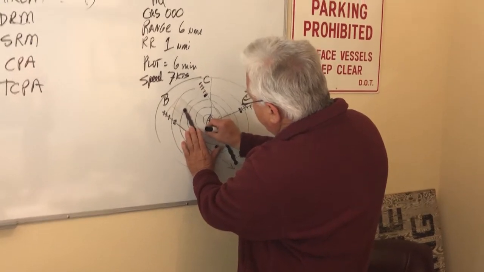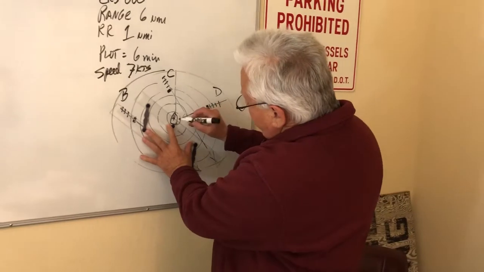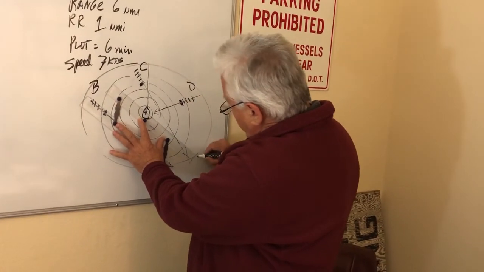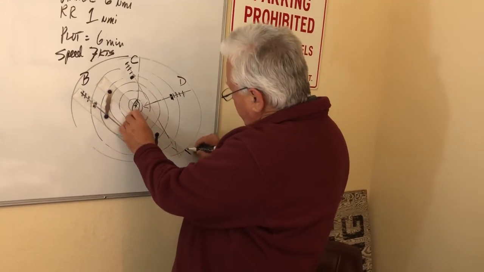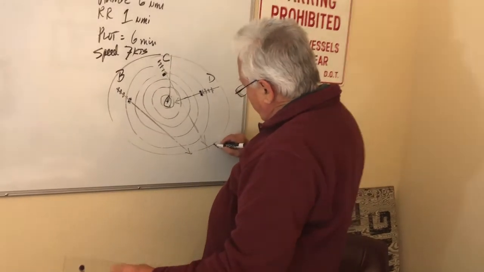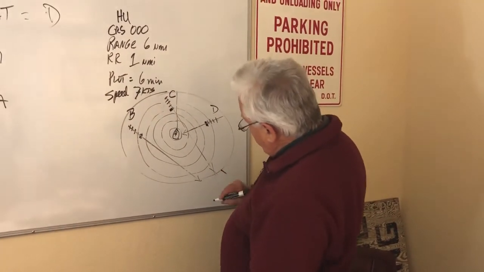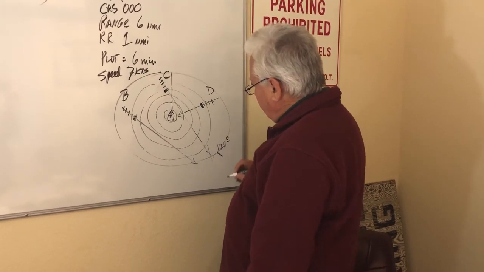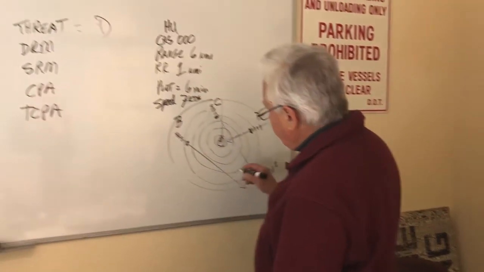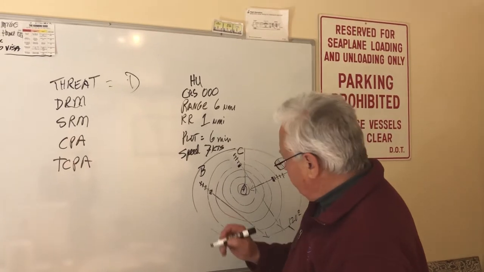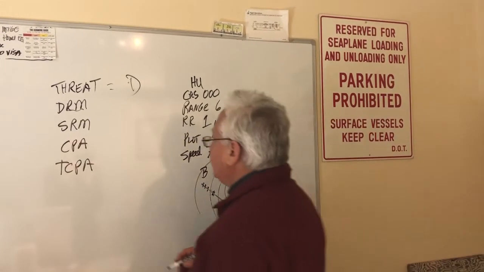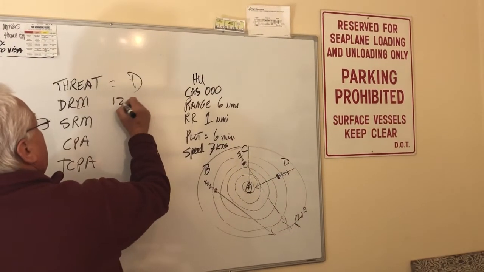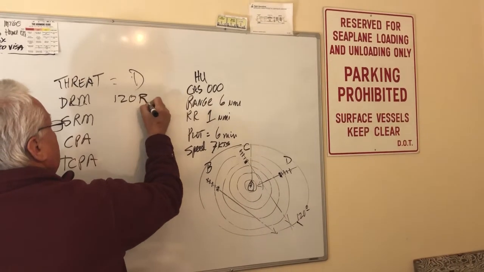We have to go to the center of the display, which is here, and we read off the outside of the 360-degree compass here, and that looks to me to be about 120 degrees. So our target B's direction of relative motion will be 1, 2, 0 relative.